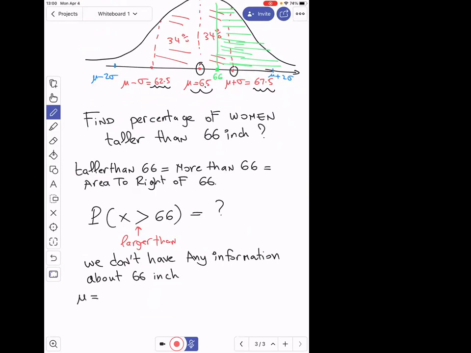I know my mean is 65. I know that if I do mean plus sigma it's 67.5, and mean minus sigma is 62.5, etc. But I don't have this 66. I cannot really express this 66 in terms of the mean and the standard deviation.